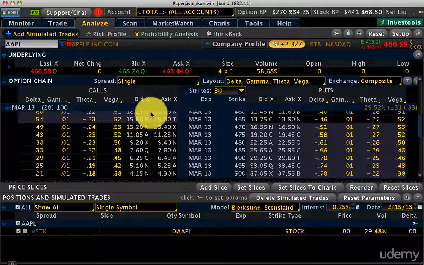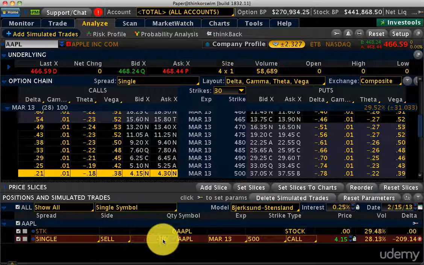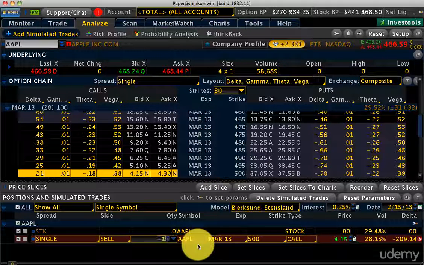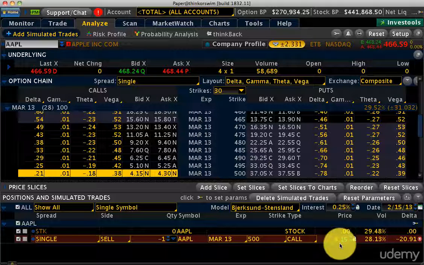So what you would do is come here and sell a call option at the strike price of 500. Now again, I'm going to move this to one contract. That's because you own 100 shares, and one contract is equivalent to 100 shares. So when you sell one contract of the 500 call, you're going to pick up $4.15 premium right away. So this amount, 100 times $4.15, is 415. You're going to pick up this amount right away.